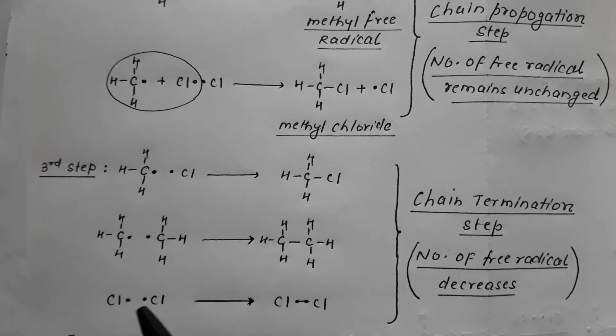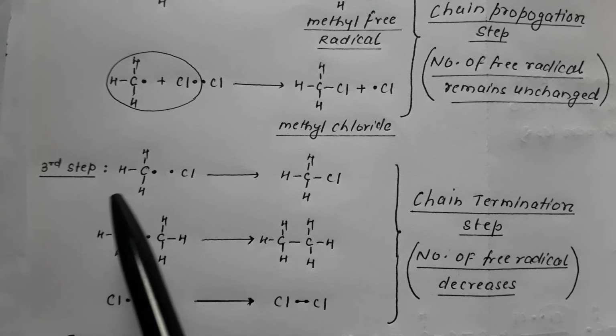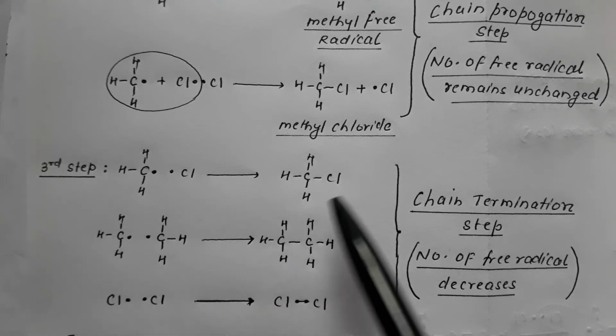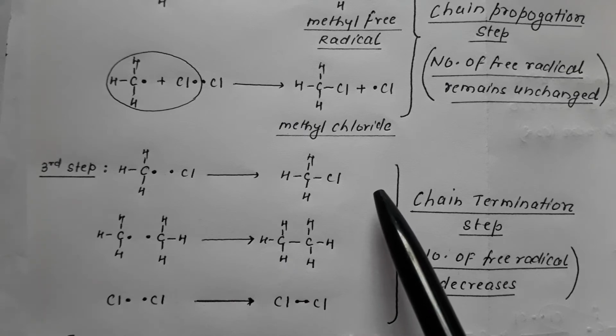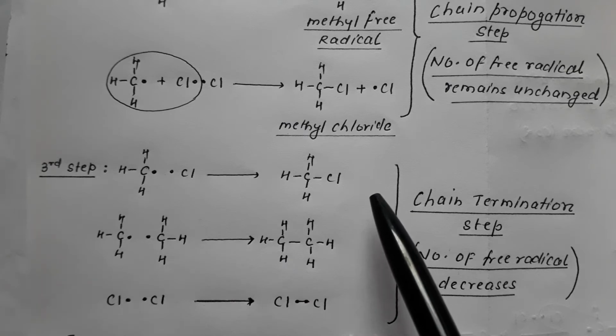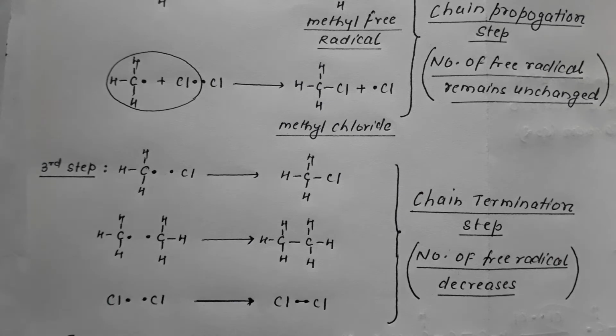Another possibility is that methyl free radical comes in contact with methyl free radical, which results in formation of ethane. Or chlorine free radical comes in contact with chlorine free radical, which results in formation of chlorine. So in the third step, though we are getting the product, nothing is left over to continue this chain process. Therefore we have categorized these three.